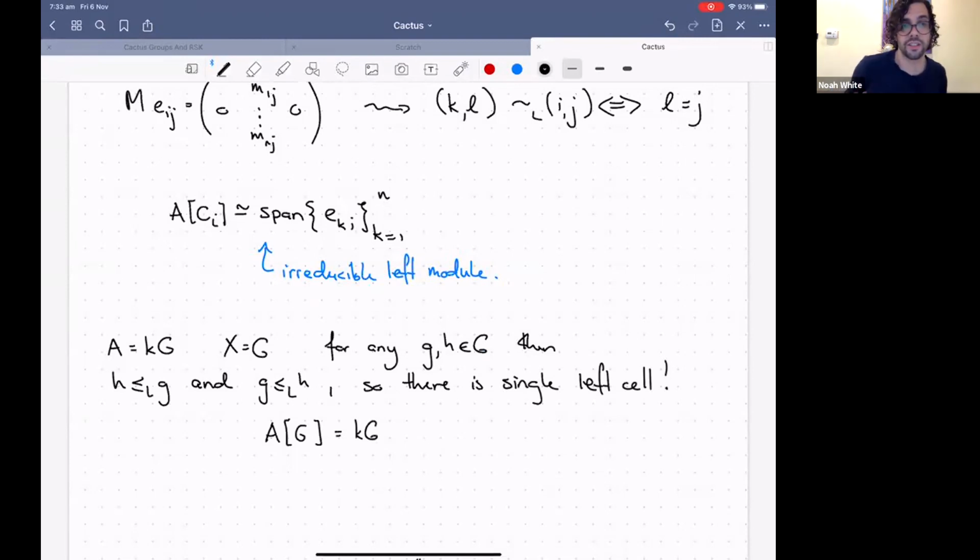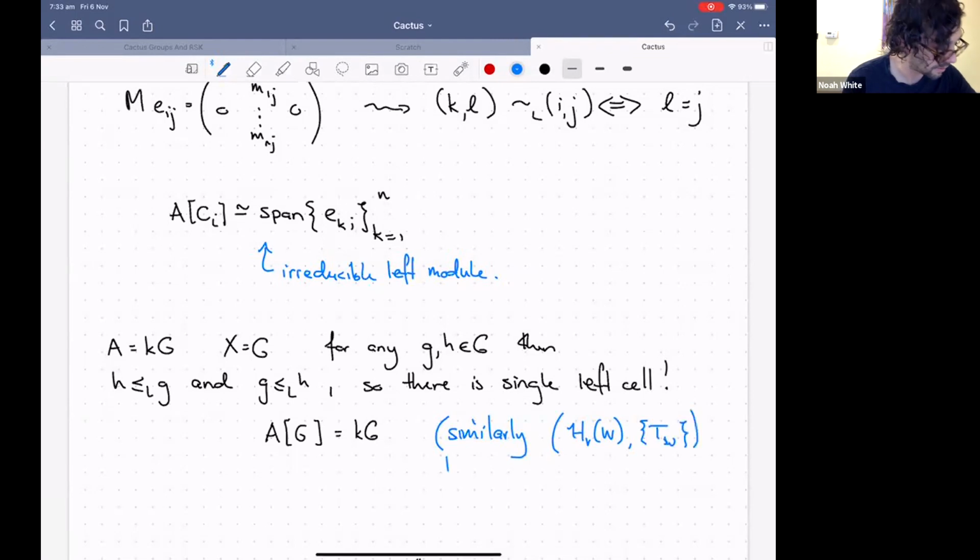And so this hasn't told us anything, right? It hasn't produced any interesting representations beyond the regular representation, which we presumably already knew about since we knew the algebra. And you can do this computation at home if you like. If you take the Hecke algebra with the standard basis, this has a single cell.